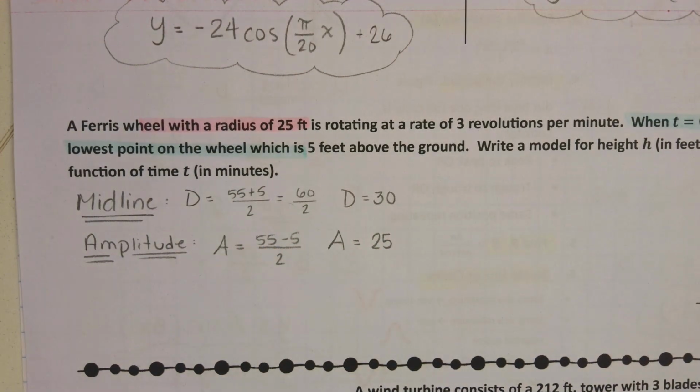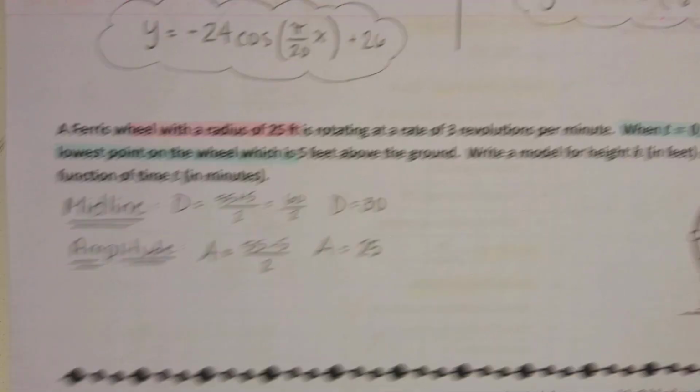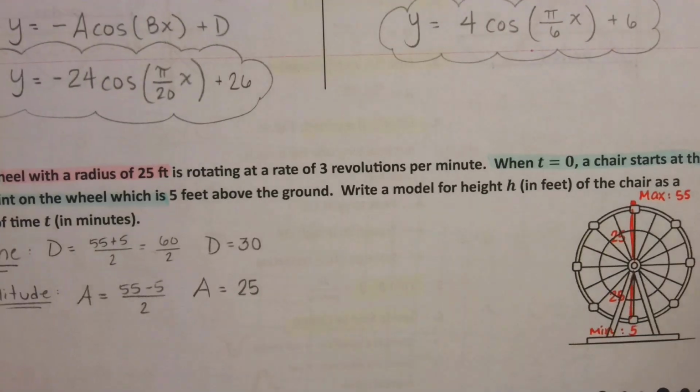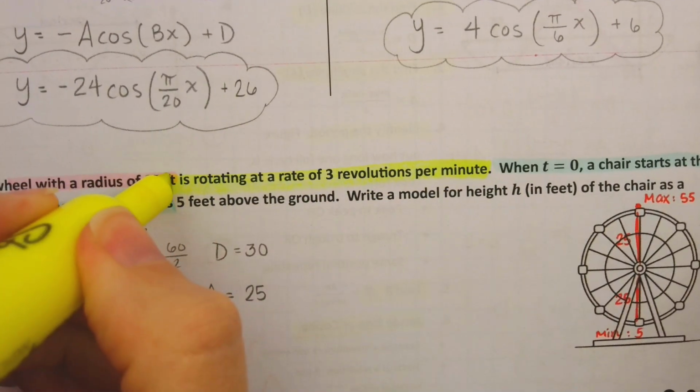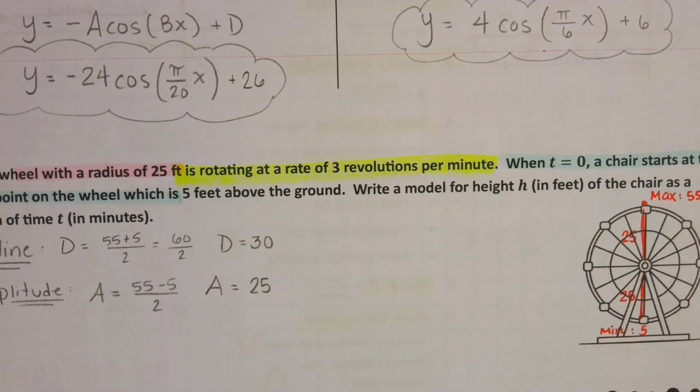Now to figure out the period, we've got to think a little bit. And the period is tricky on this one. It says it's rotating at a rate of 3 revolutions per minute. That does not mean one cycle in 3 minutes. That's not what that means. So what I had to do when I thought about this is I thought about what this graph looks like.